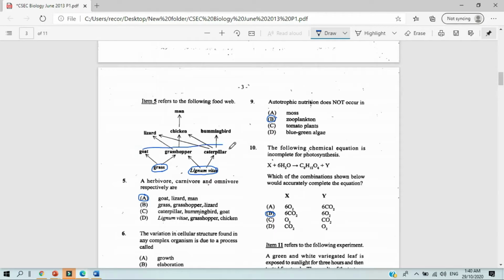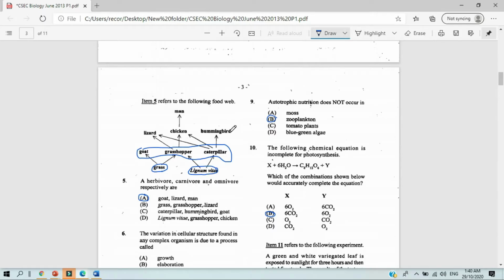So the herbivores are going to be the goat, the grasshopper, the caterpillar, and of course our carnivores are going to be those that are eating the first set of animals here, and in this case it's going to be your lizard, your chicken, your hummingbird, as it were, for this food web.